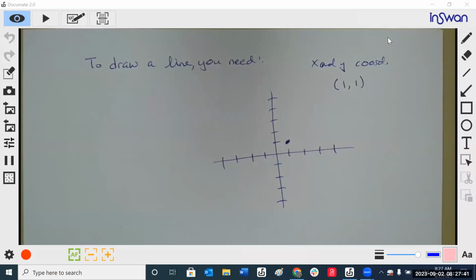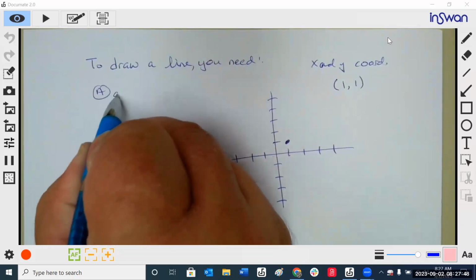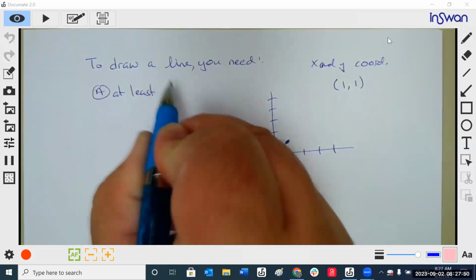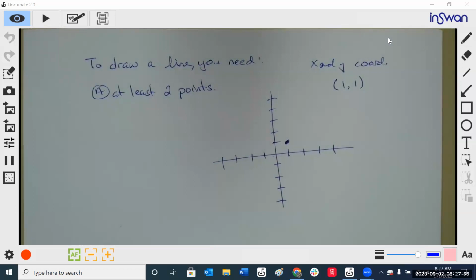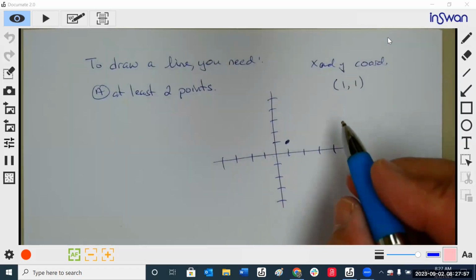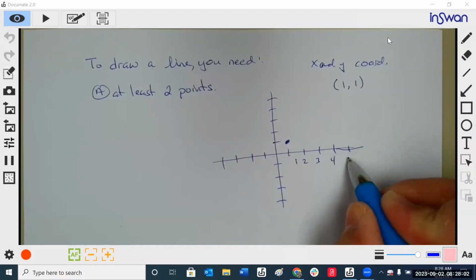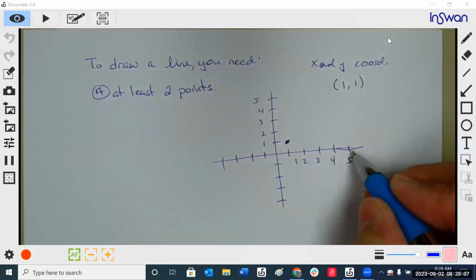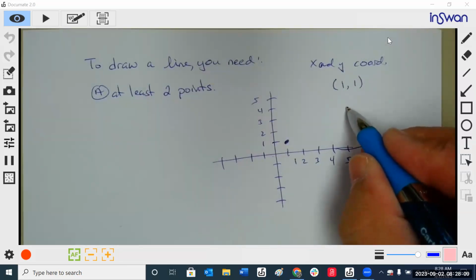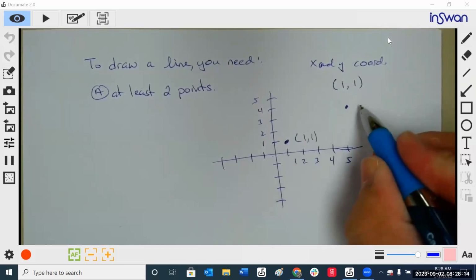What else do we need to draw a line? You need another point. So you need at least 2 points. There's another point. What's that location? This one's 1, 1. What's this location?